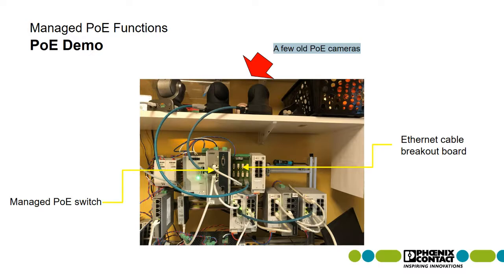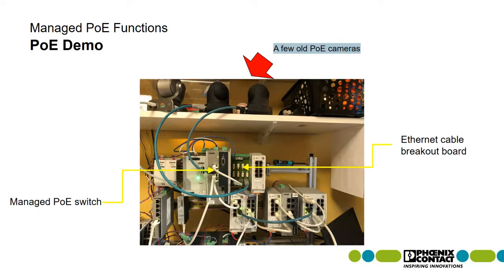On the left-hand side, we do have a managed PoE switch. It has 4 PoE ports. And then that little device to the right of the switch is an Ethernet cable breakout board. What this does is it gives us the capability to do one outbound connection from the switch, and then a connection from that board to one of the cameras. And actually, it's the camera in the middle that we're utilizing today.